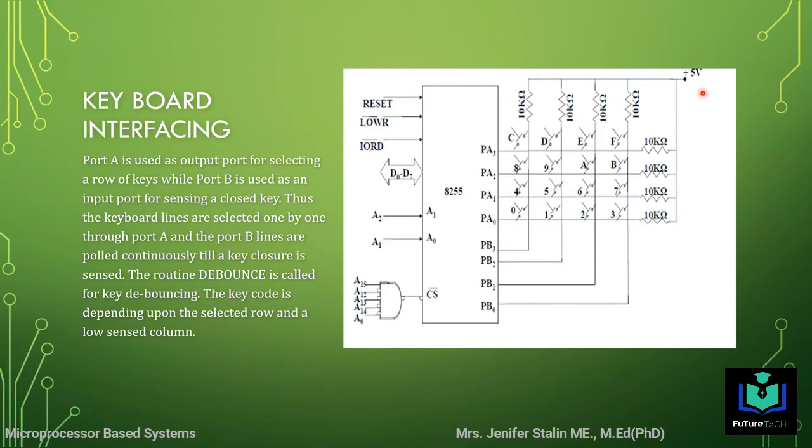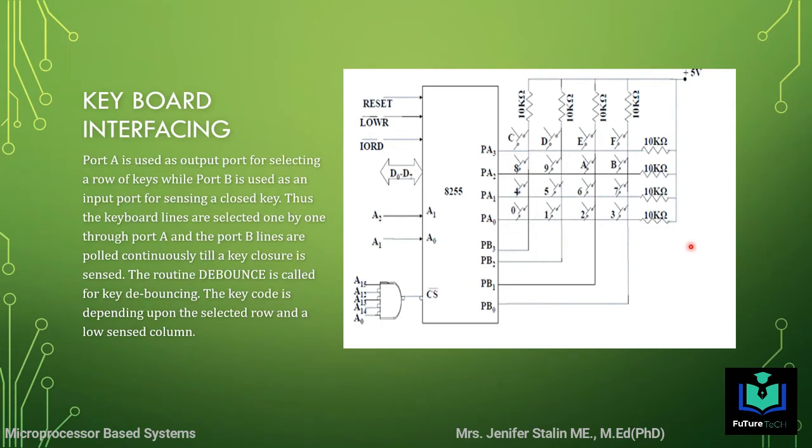Okay, so when the voltage is given and when any one of the switches is enabled, it is going to display the letter. This is the circuit diagram which represents the numerical values 0 to 9, and A, B, C, D, E, F, the hexadecimal values displayed here.